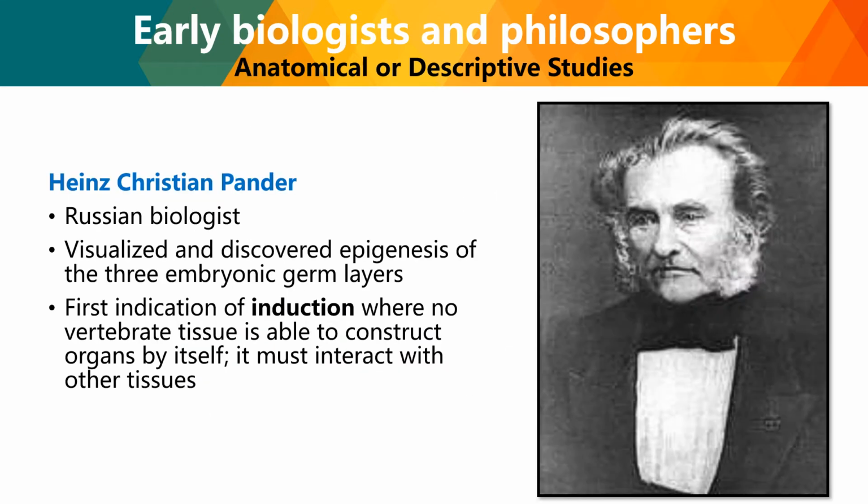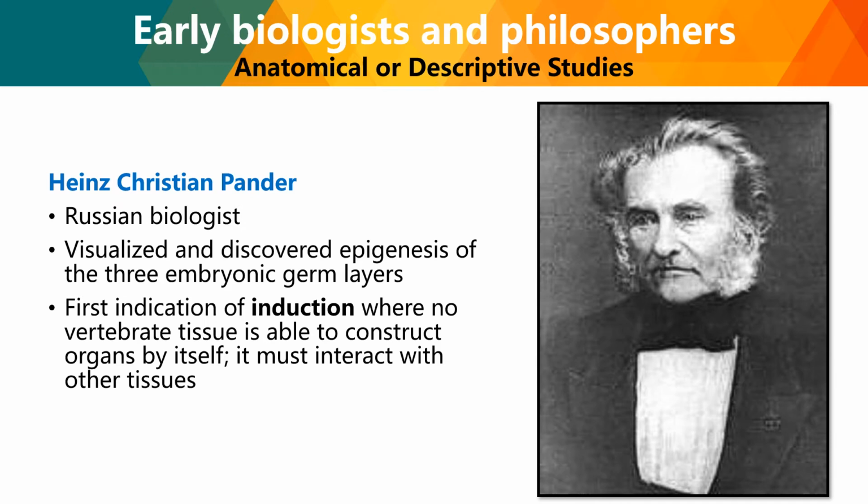So next, we have Heinz Christian Pander. He is a Russian biologist. He visualized and discovered epigenesis of the 3 embryonic germ layers. So this is also one of the most important events in developmental biology. When you say the embryonic germ layers, this is the ectoderm, mesoderm, and endoderm.